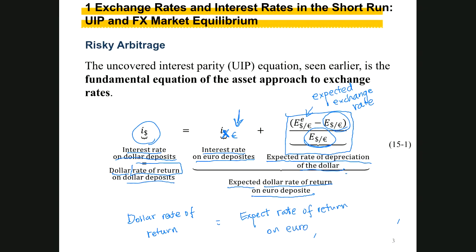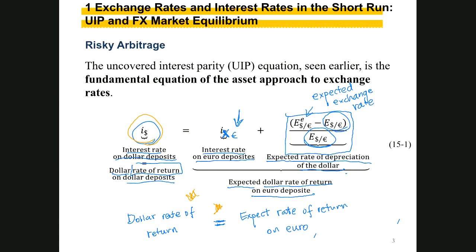Because if the equality does not hold, if the equality is like this, what happens? People will put their money more in the domestic financial market so that the interest rate of the domestic financial market will decrease, right? You have more money supply, like more money balances on the market. So the banks won't need to raise their interest rate to attract customers to deposit money into their bank, right? Same thing.